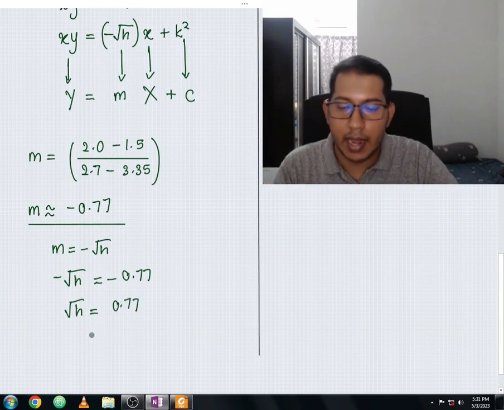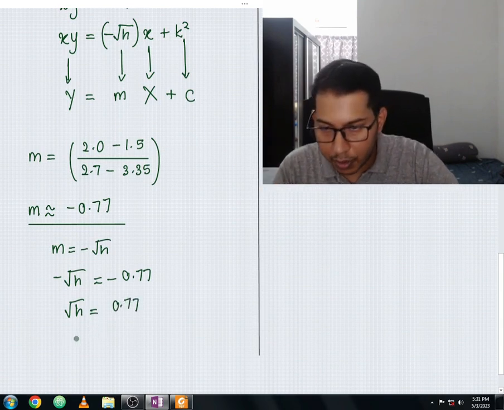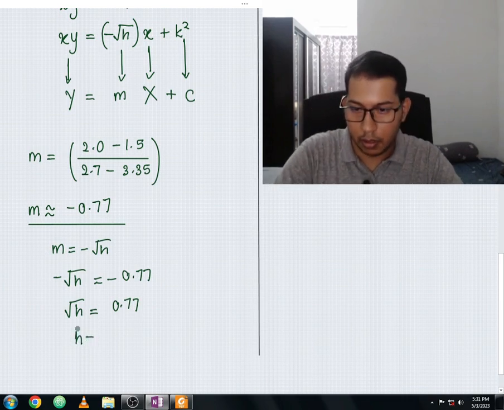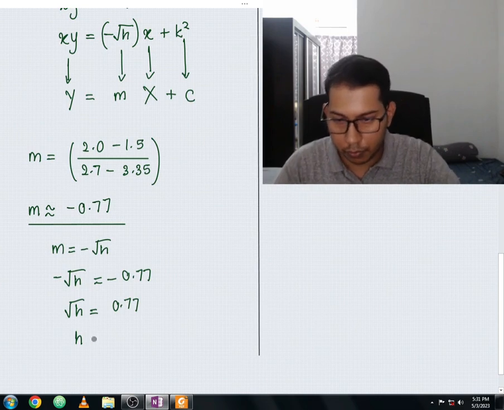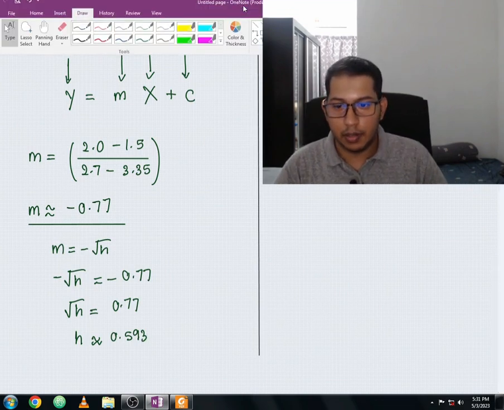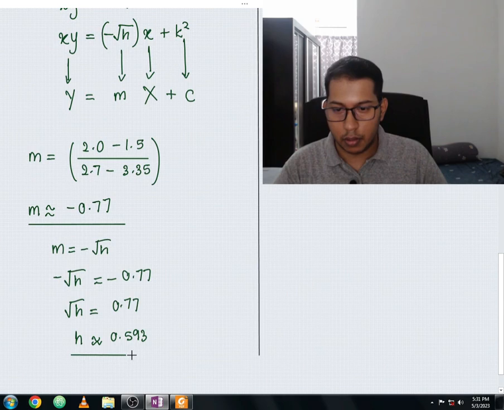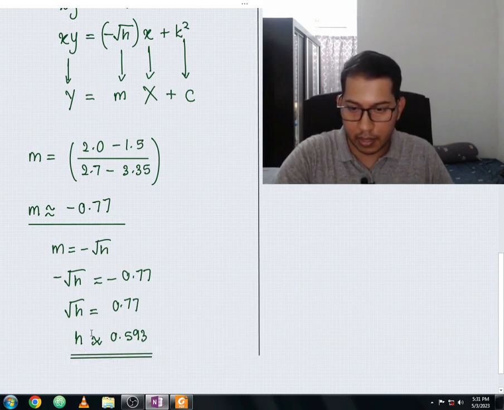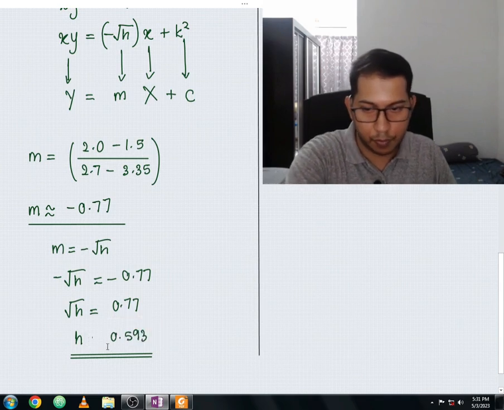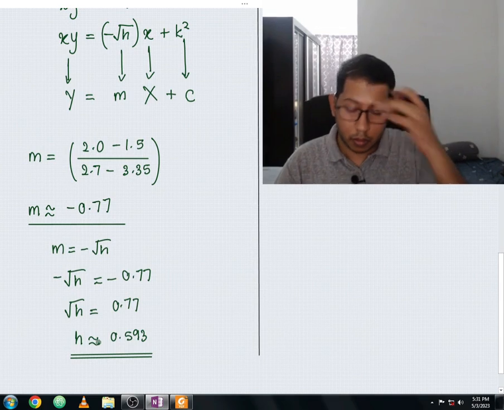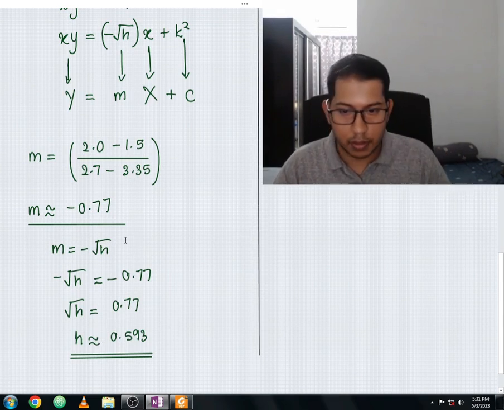To get h, you square both sides. So from here you get h approximately 0.593. Let me underline the solution. This is the first answer. So this is your h.